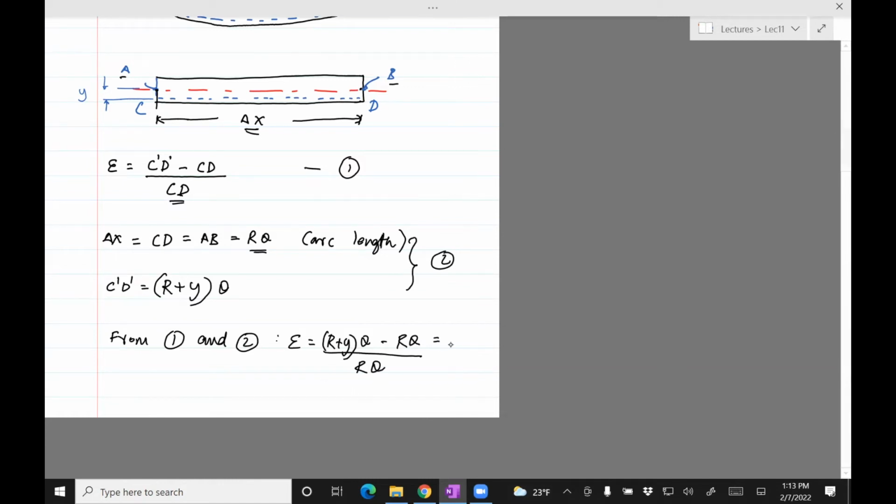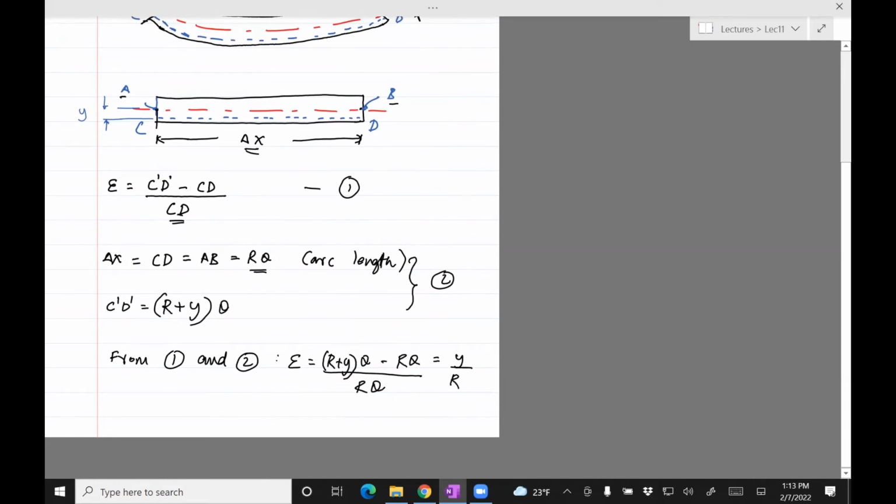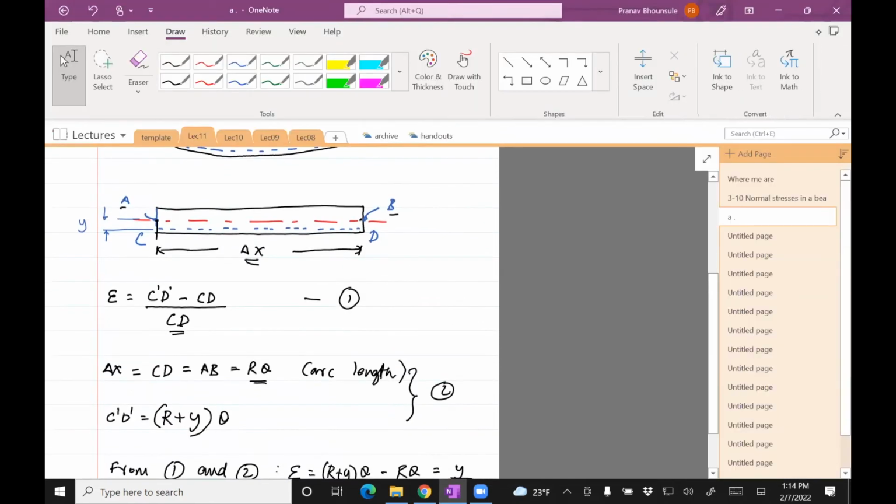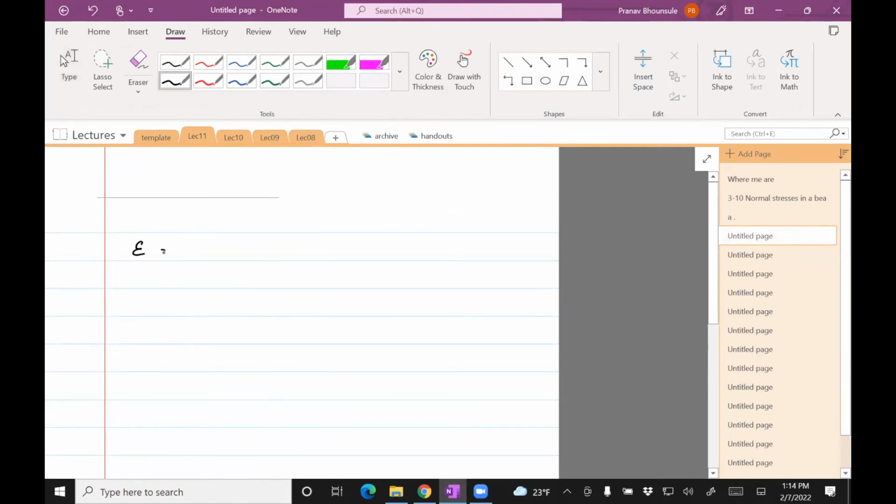So you can see that comes out to be y divided by R. So strain is simply the distance of that section CD from the neutral axis divided by the radius, so epsilon equals y divided by R.